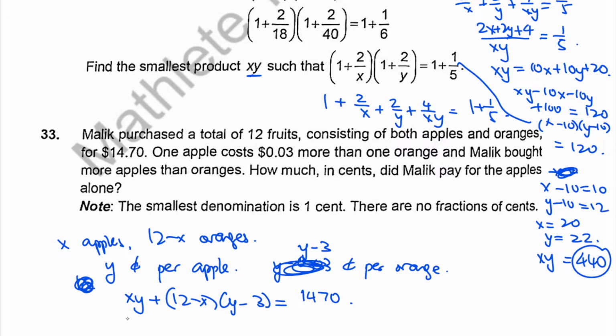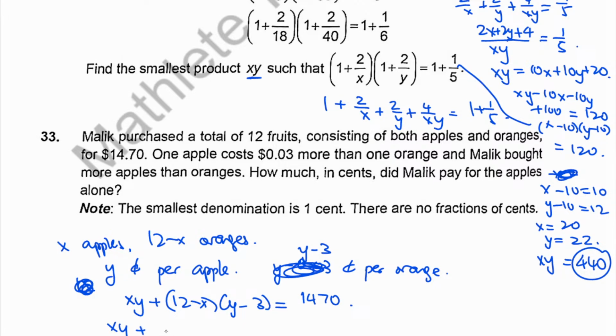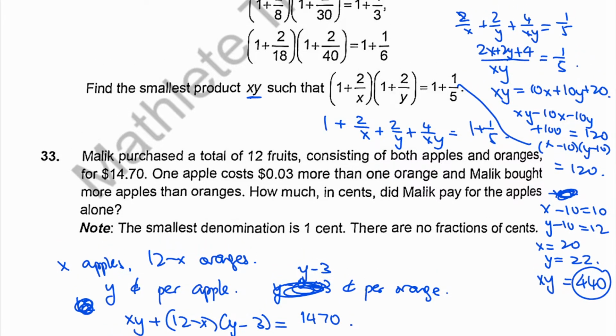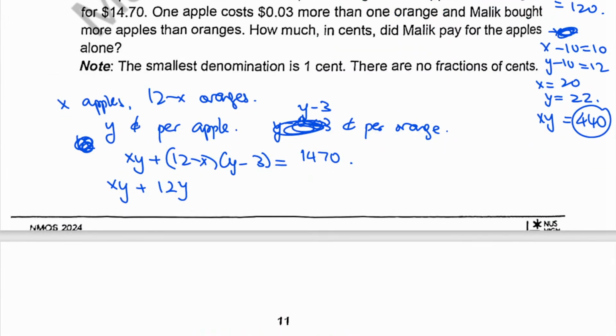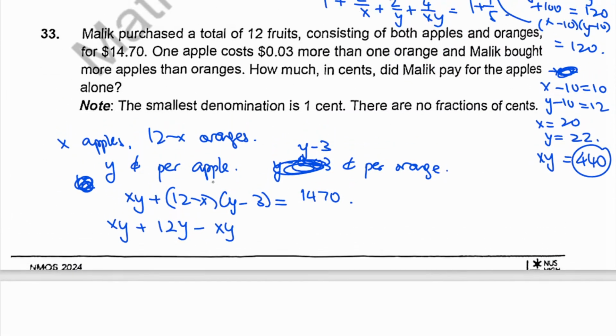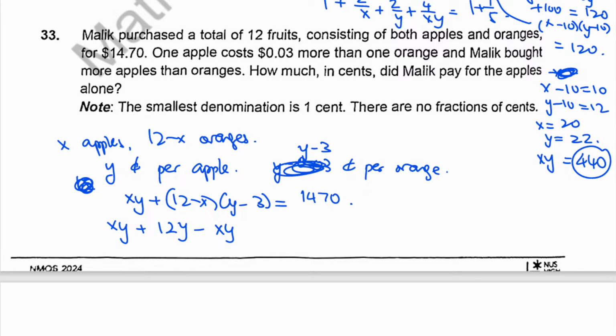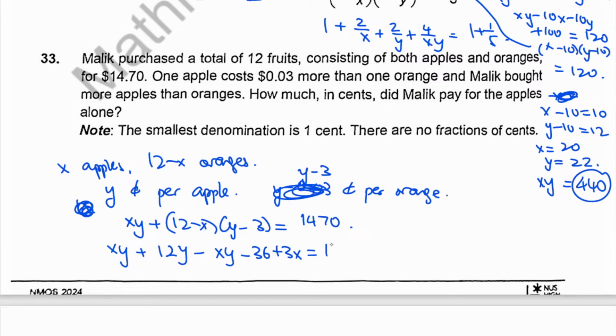Okay, so if I expand it out, this is xy plus 12y minus xy minus 36 plus 3x, which is 1470.